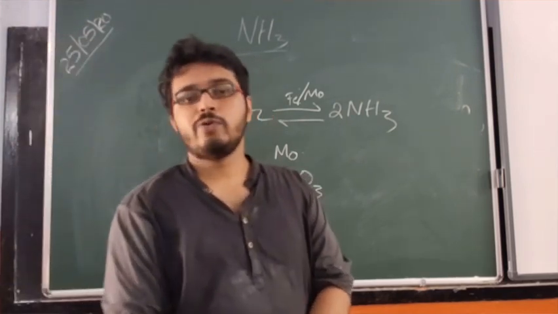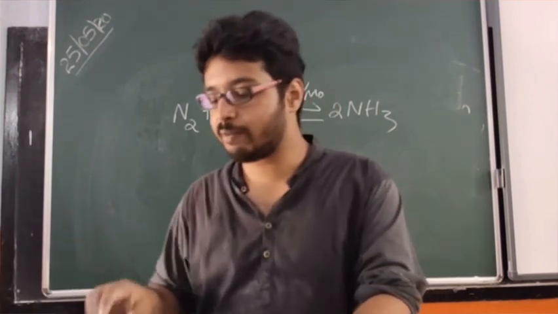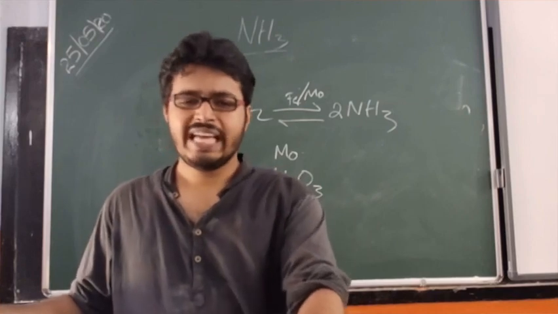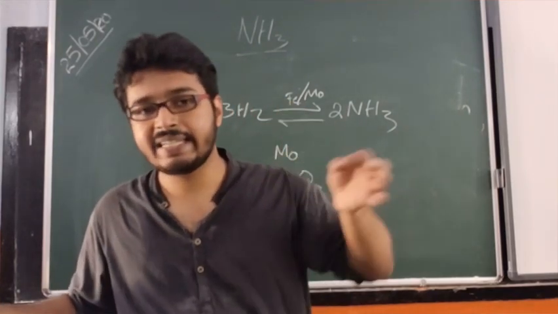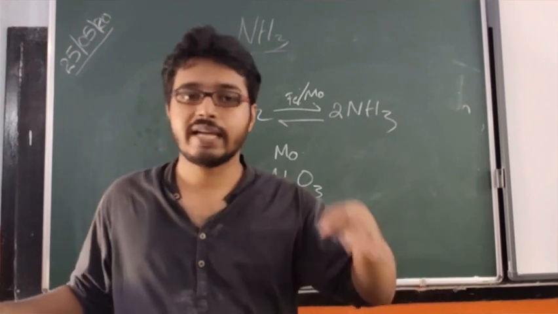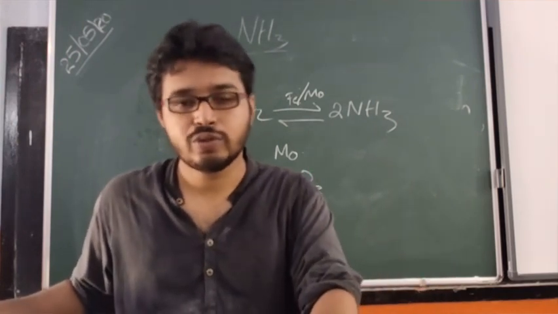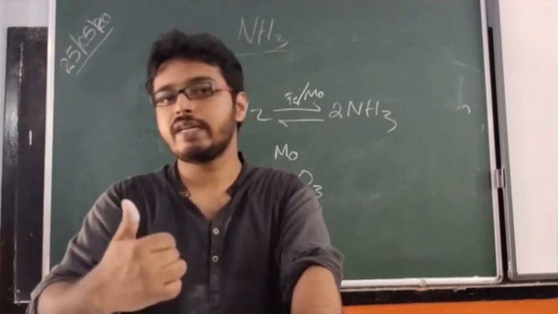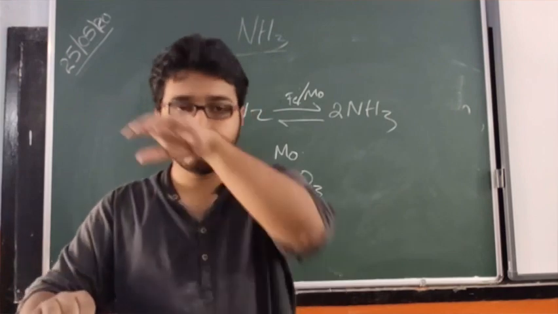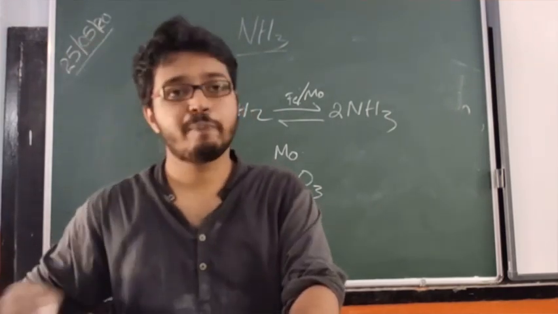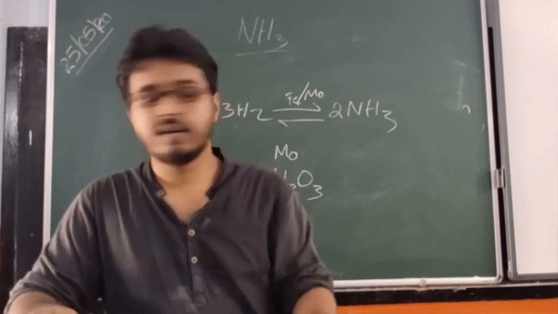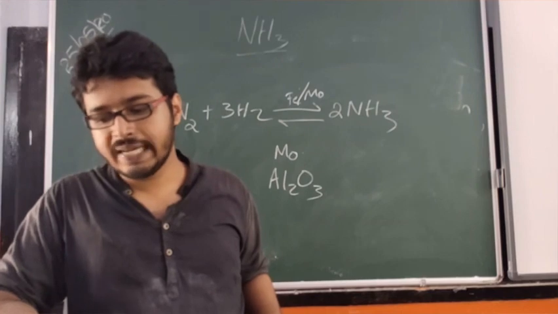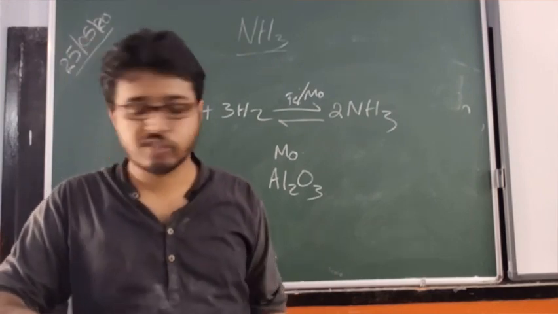Now there is one more part that I am supposed to discuss about the Haber process, that is the catalytic poison. A promoter is something that can activate the catalyst or increase its efficiency. A catalytic poison is something that can reduce the activity or the efficiency of the catalyst. The catalytic poisons for iron are carbon dioxide, carbon monoxide, and sulfur compounds like H2S.